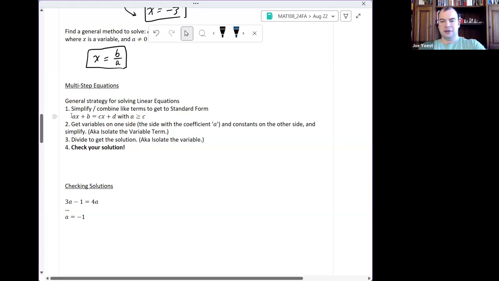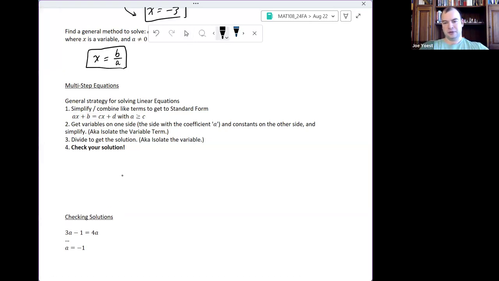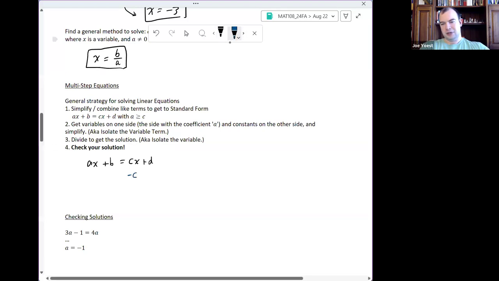And if I want to get my X's on the left side, that means I'm going to have to subtract CX from both sides. So I need to subtract CX from the right side and from the left side. That gets my variables on one side.